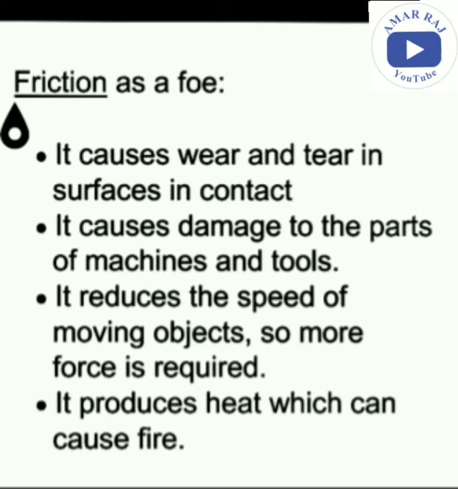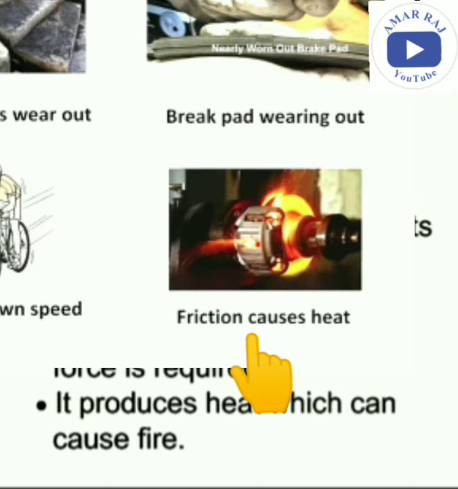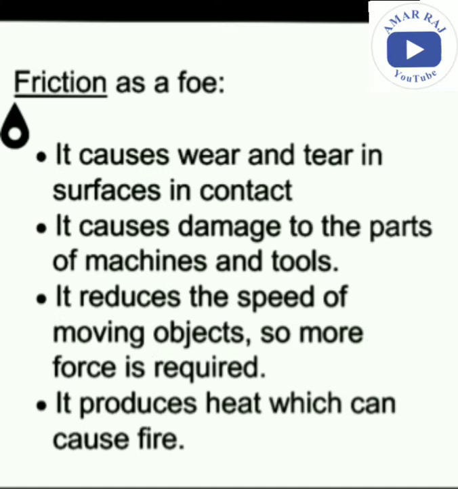Friction requires additional force to move a body. Next, it produces heat which can cause fire. Students, during sliding or any type of movement, friction changes some part of the energy into heat, and this heat can cause fire.